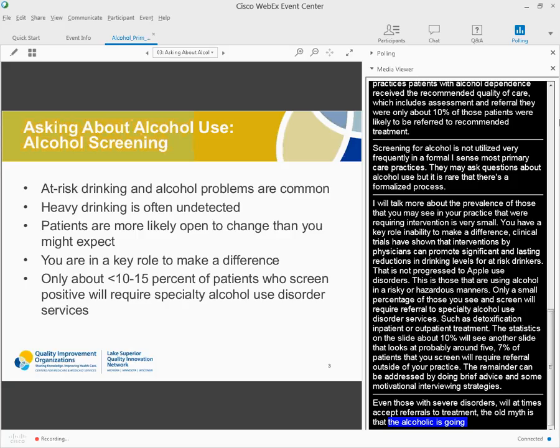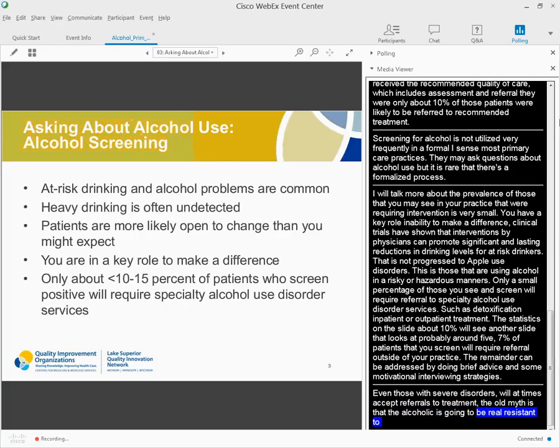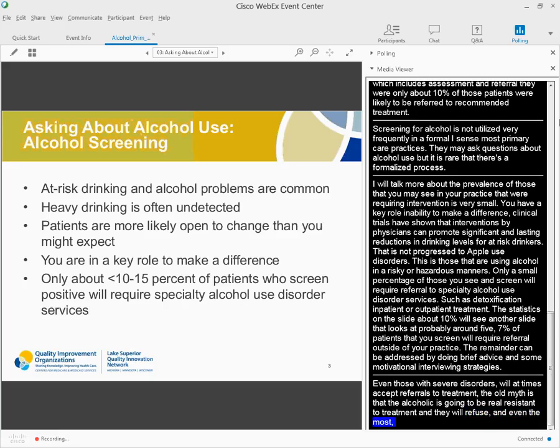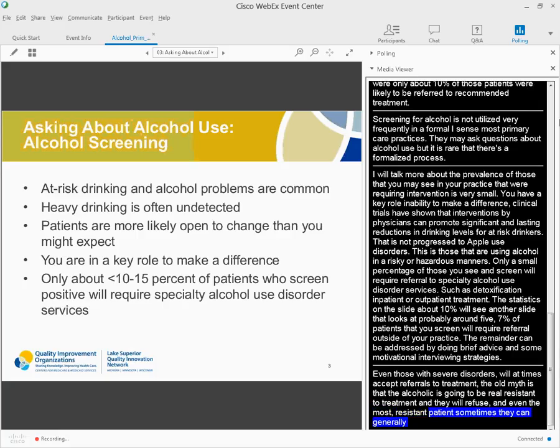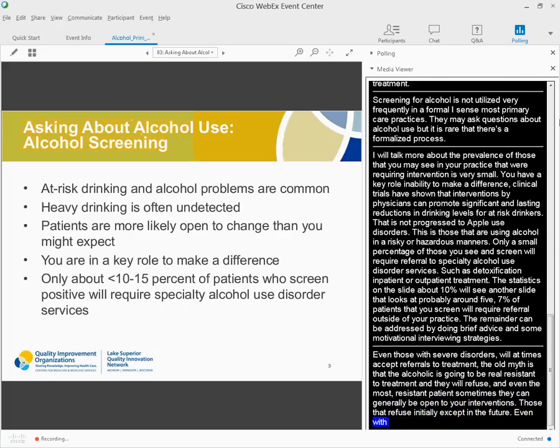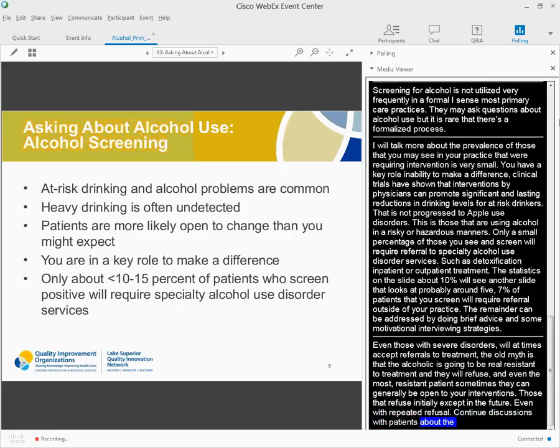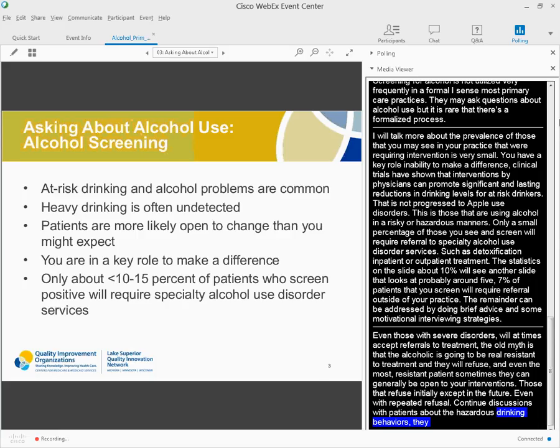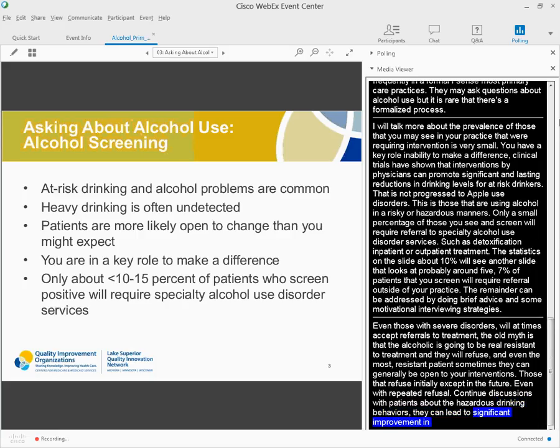Even the patient you might think would be the most resistant can generally be open to your interventions, okay? And those that refuse initially may accept it in the future, even with repeated refusals. Continued discussions with patients about their hazardous drinking behaviors can lead to significant improvement in them reducing their drinking, okay? And again, I'll talk about this later.